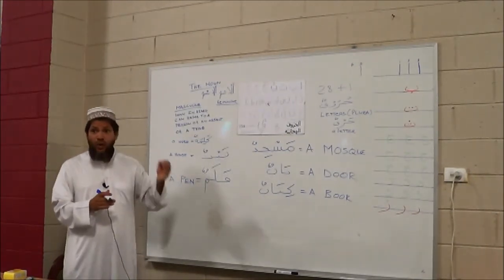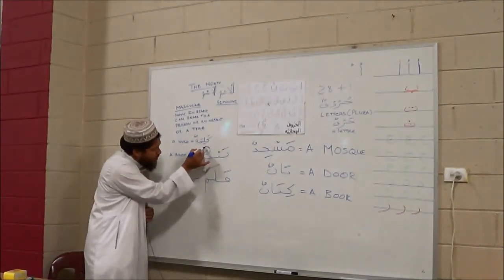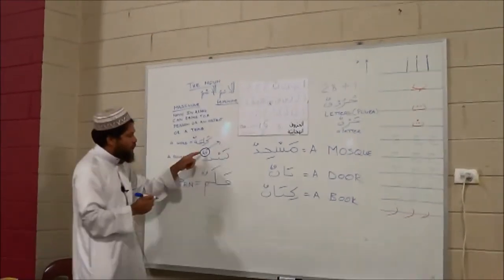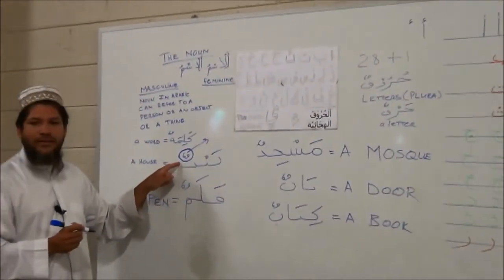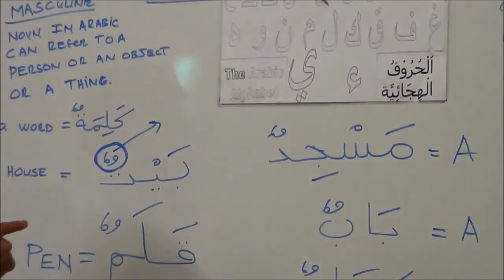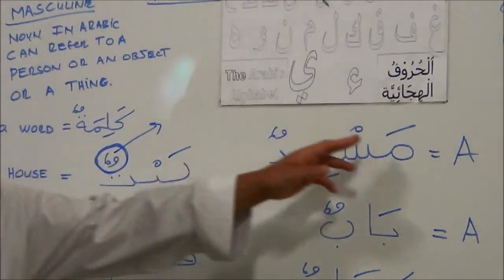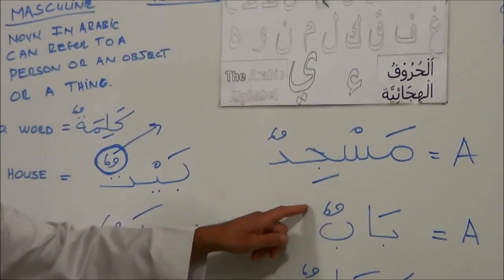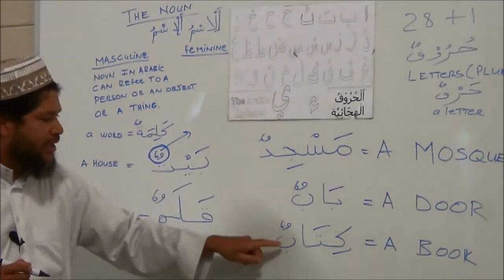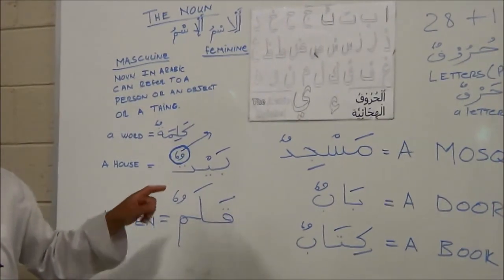Now how do we know it is a house? Because of this tanween. This sign at the end of a word is showing indefiniteness. This is not definite. All of these nouns which I've used here, all end with un sound. Masjidun, babun, kitabun, qalamun, baytun.